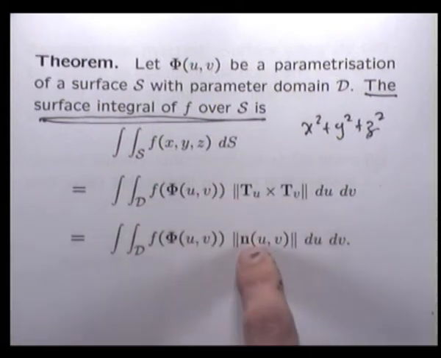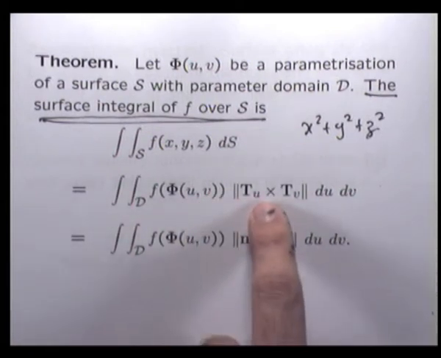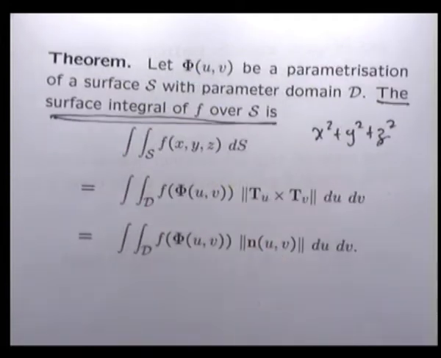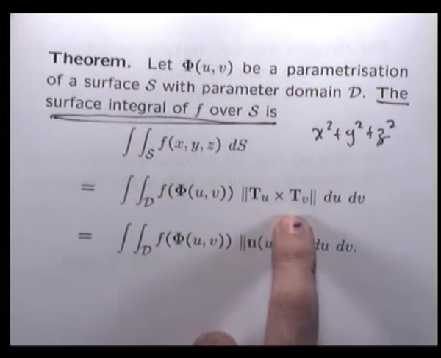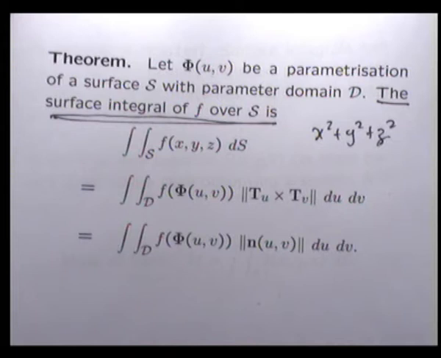Sometimes we use this normal vector to denote the cross product of the tangent vectors, but be warned, this vector here is not necessarily a unit vector, and the tangent vectors are not necessarily unit vectors either. So it differs a little bit from when we were looking at, for example, flux in the plane and unit tangent vectors for line integrals.